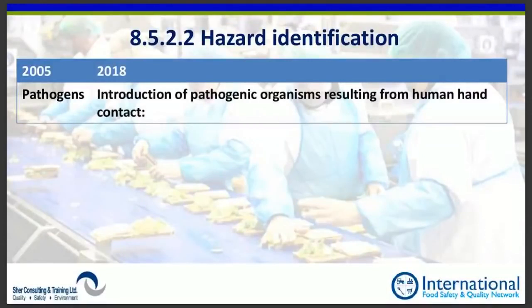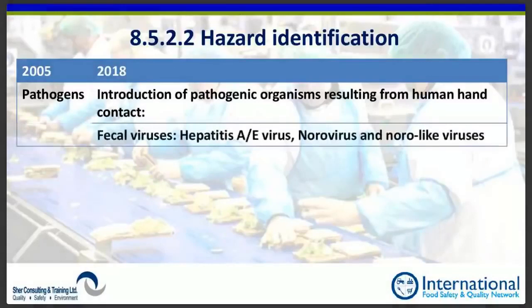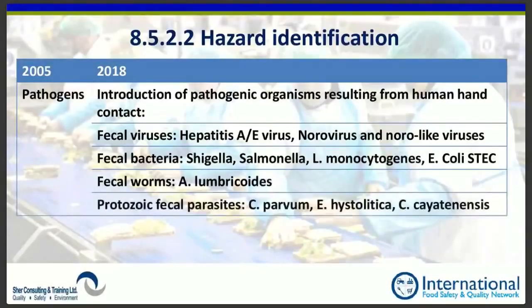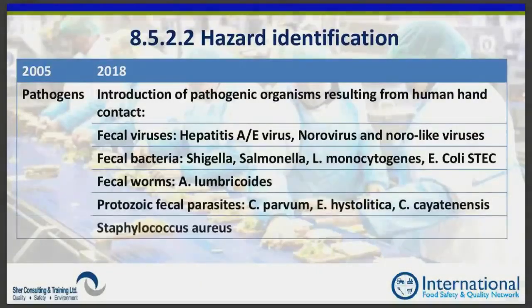Introduction of pathogenic organisms resulting from human-hand contact, and then continue to write fecal viruses, fecal bacteria, fecal worms, protozoic fecal parasites. Okay, Staph aureus. Now you're talking. Now you're doing a risk assessment. Without specific reference to every single pathogen that can be transmitted from human hand to food, and talking about its likelihood and its severity and its control measures, you're not doing a risk assessment.